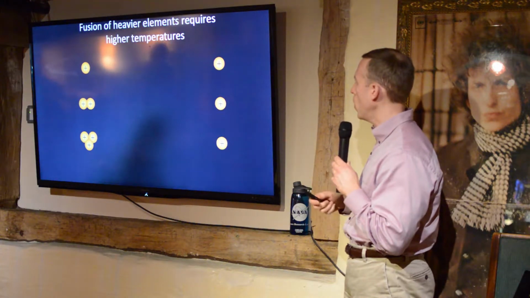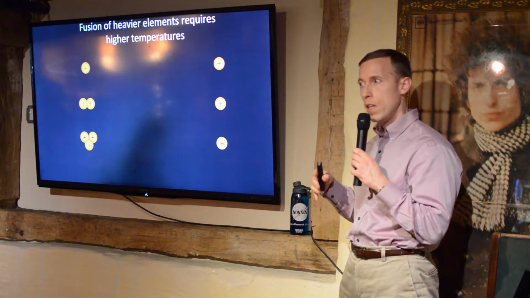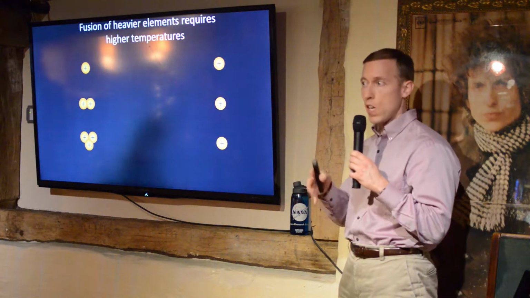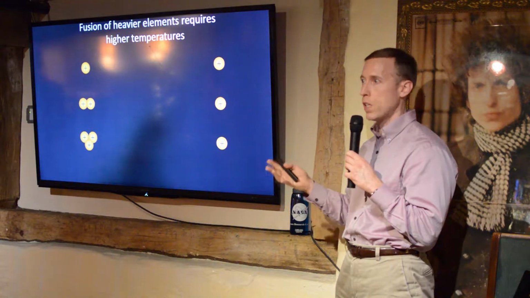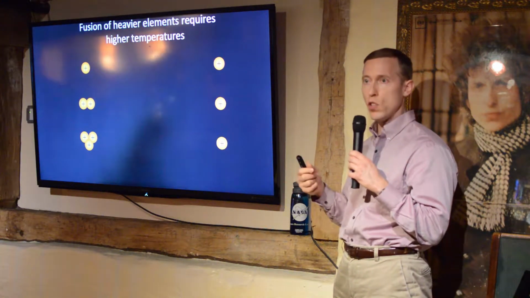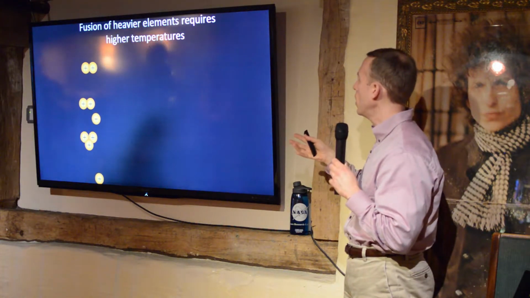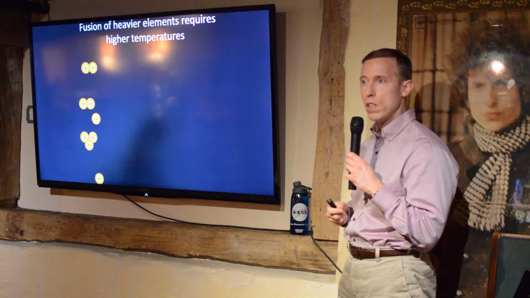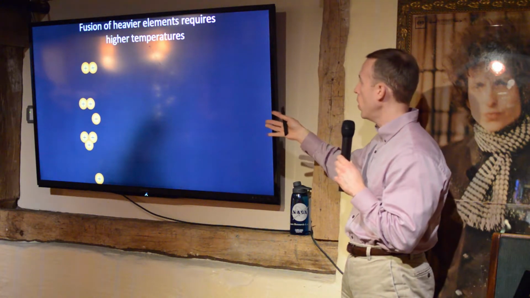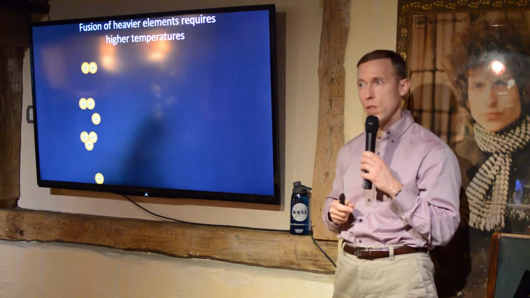Now, as we just saw a moment ago, different elements have different numbers of protons. And elements with more protons in their nuclei, because they have more positive charge, are naturally going to have a greater barrier to fusion. So at a given temperature, hydrogen might fuse together, but the velocity of the atoms won't be fast enough for heavier elements like helium or lithium to fuse.